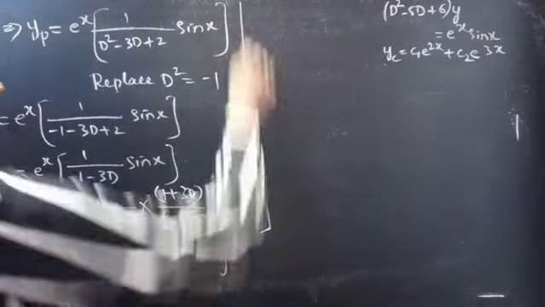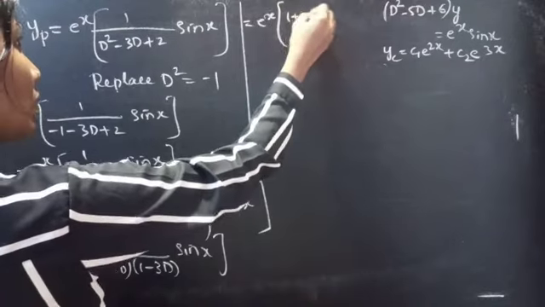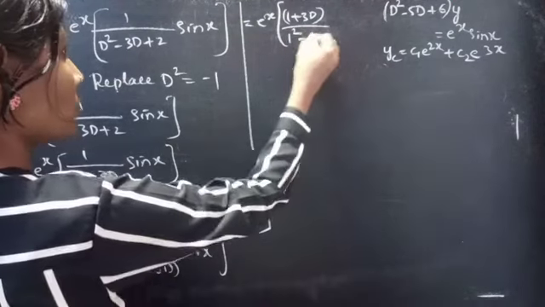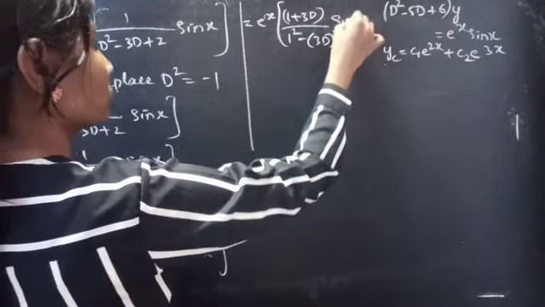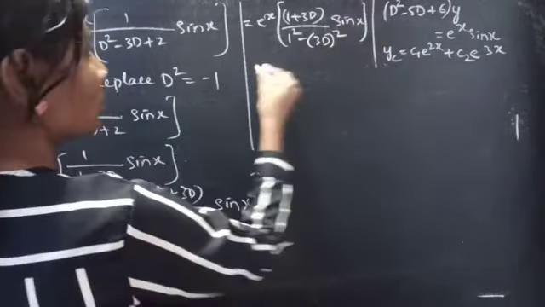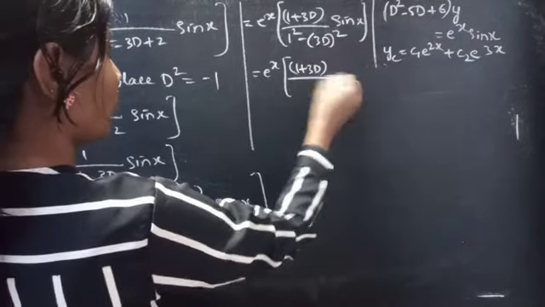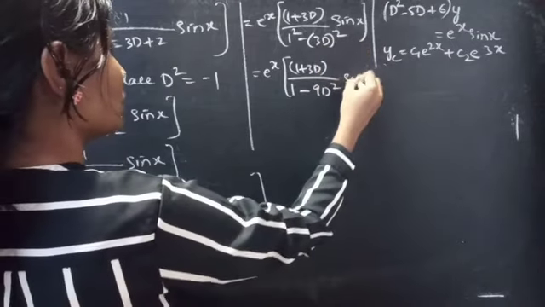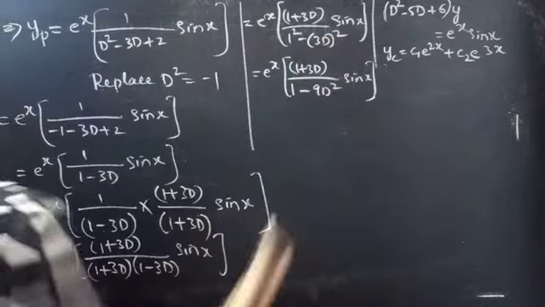Then yp becomes e^x into (1 + 3D) by the denominator, which is of (a + b)(a − b) form, so we can write it as a² − b²: 1² − (3D)² into sin x, which equals e^x into (1 + 3D) by 1 − 9D² into sin x, right? 3² is 9 and D².